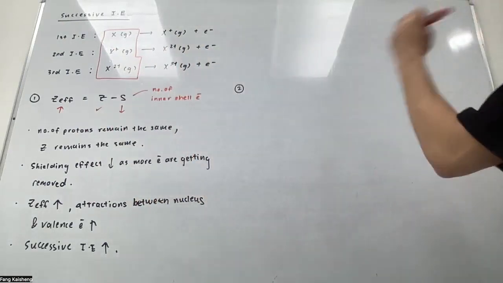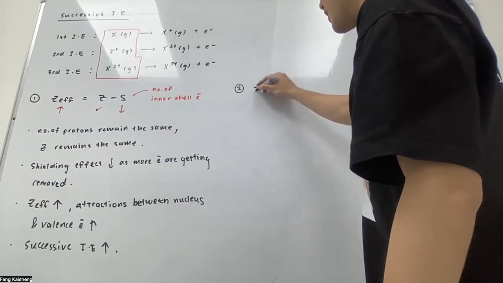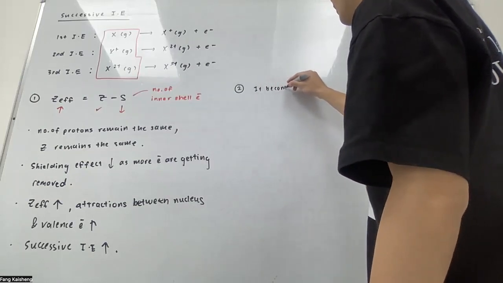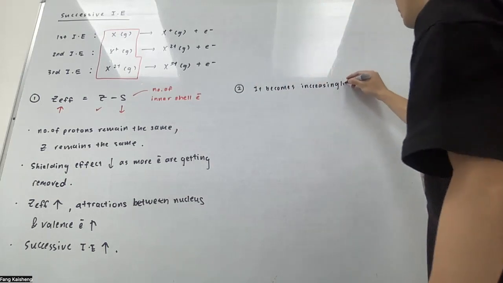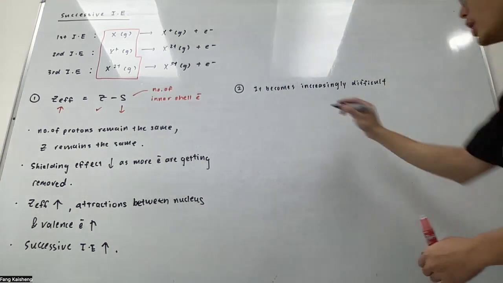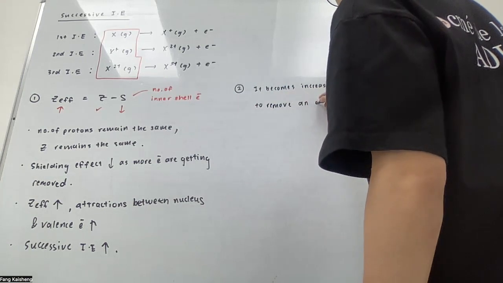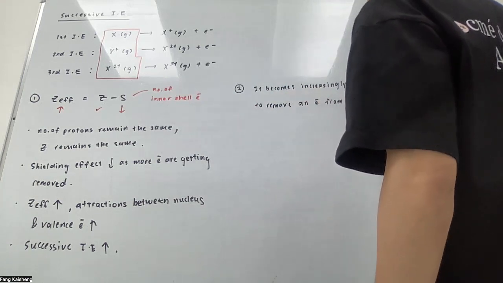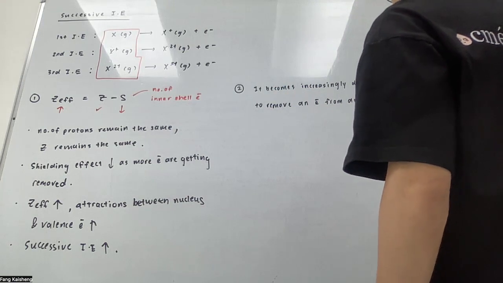Okay, so anyways, what does that mean? You all can just say this. It becomes increasingly difficult to remove an electron from an increasingly positively charged species.